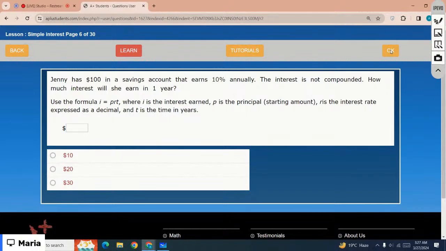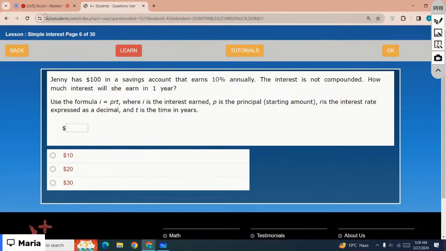You don't need to calculate how much amount she has in her account. 100 times 0.1. Yes, very good. Now that means the interest on $100 is $10, right? The correct option is 10.